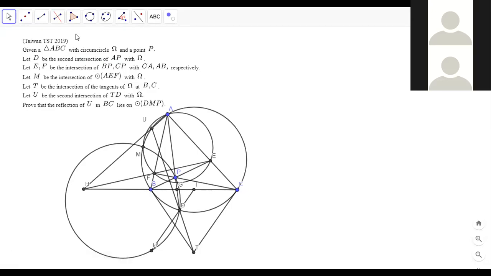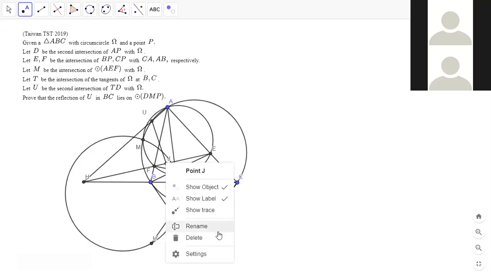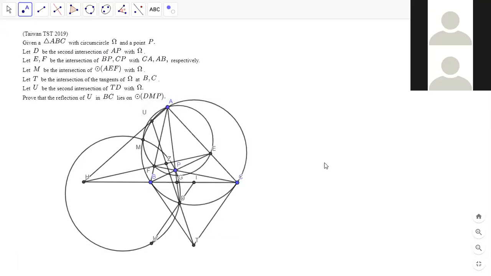If HE and DU intersect at Z, then is ADEZ cyclic? Let's see. So if I call this point Z right here, you want to see if ADEZ is cyclic? It doesn't look like that would be cyclic, right?